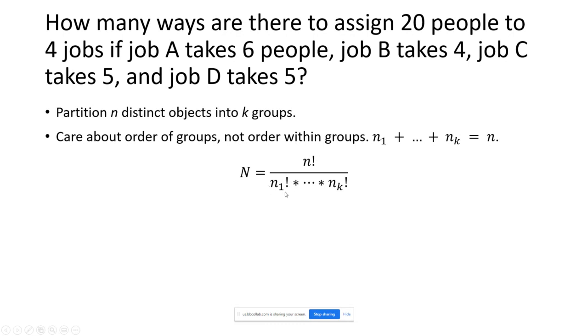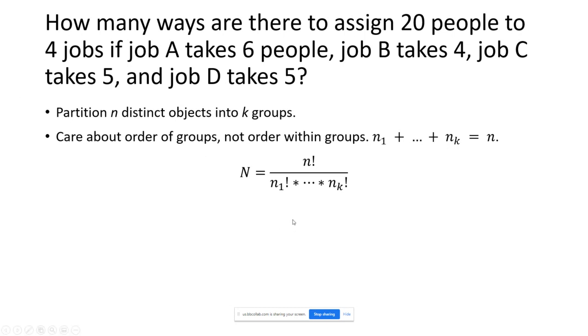So we have, say, n sub 1 is 4, so there are 4 people assigned to job A. We only want to count each combination once. We don't care about the 4 factorial different orders in which people can get assigned to job A. We only care about the combination where people 1 through 4 got assigned to job A, and a different combination where people 2 through 5 got assigned to job A, and so on.